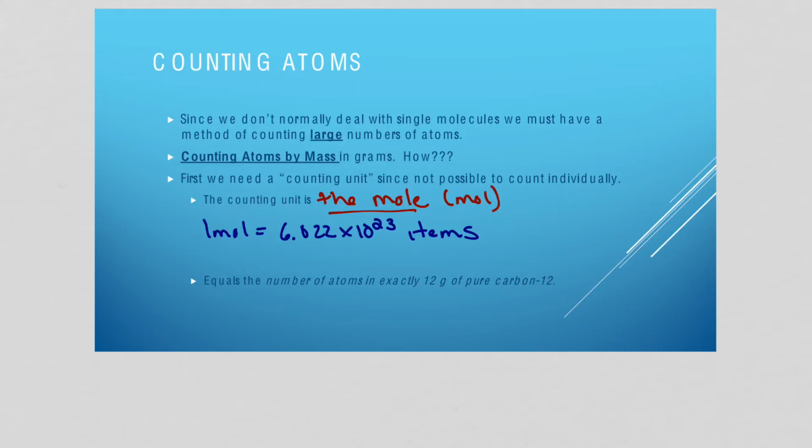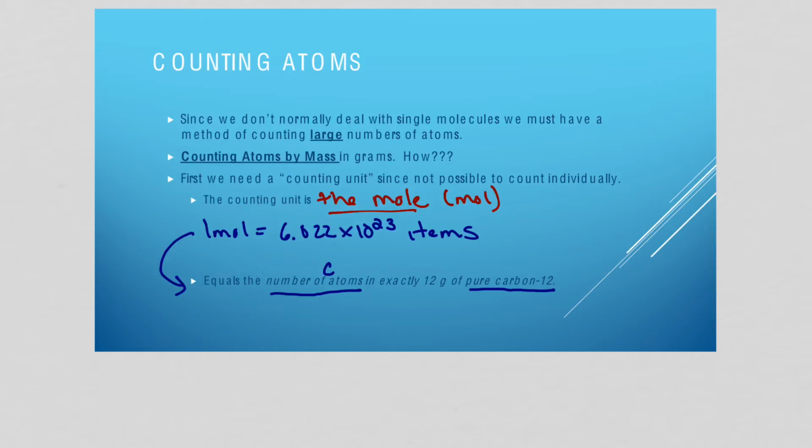Now, we might be wondering where this number came from, and it doesn't just pop out of a hat. It is based on mass. Specifically, this equals the number of carbon atoms in exactly 12 grams of the pure carbon-12 isotope.